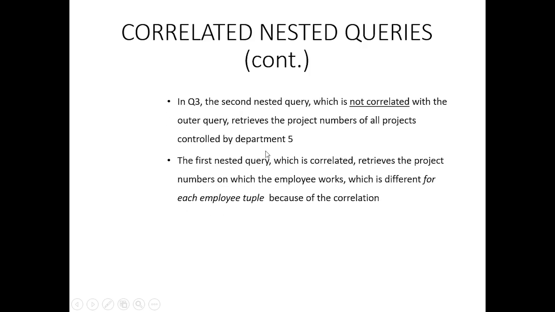That is, the second nested query, which is not correlated with the outer query, retrieves the project numbers of all projects controlled by department 5. The first nested query, which is correlated, retrieves the project numbers on which the employee works, which is different for each employee tuple because of the correlation.